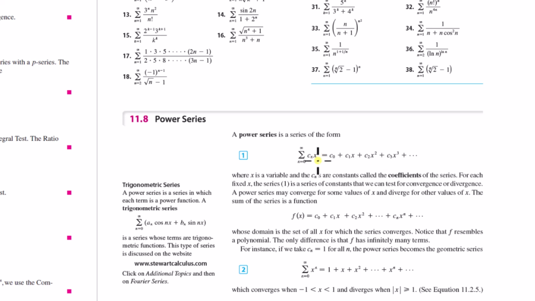But then you have x to the n, so it starts at 0: x to the 0 is just 1, x to the 1, x to the 2, x to the 3. Okay, so it's a polynomial is what you're getting. It's not really a true polynomial because it goes off to infinity, the order of the polynomial, right?